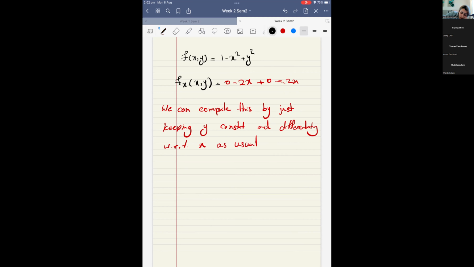For example, again this one, if I write f sub y of x and y for this one, what do you think? What do you think?